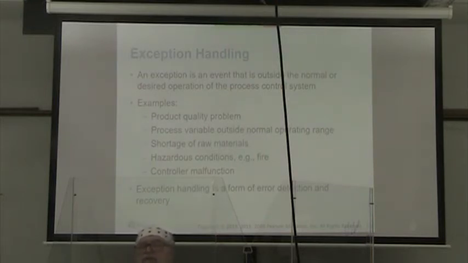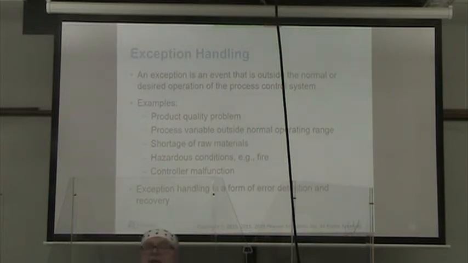All right, so exception handling. An exception is an event that is outside the normal or desired operation of the process control system. Okay, easy enough. So an example might be a product quality problem. Right now we have sensors that are very good.